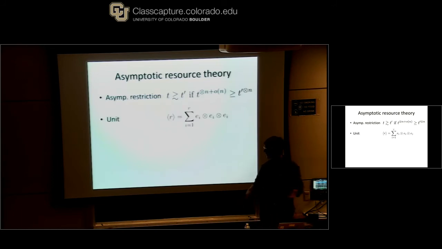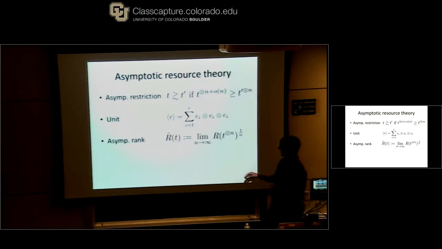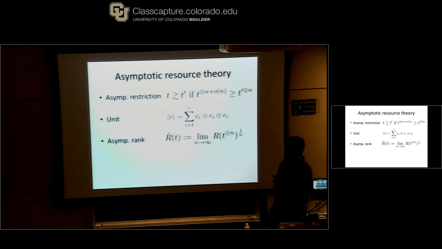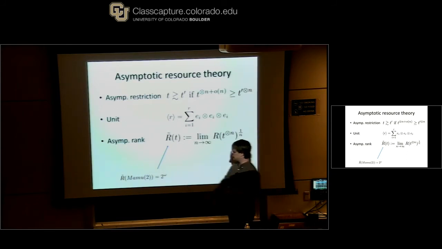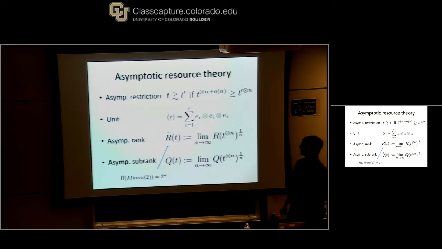You can again take the GHZ state and build this asymptotic rank, and maybe it's more familiar to take a log. You can study the asymptotic rank of the matrix multiplication tensor, which would exactly characterize your exponent. And you can study the asymptotic subrank, and so on.